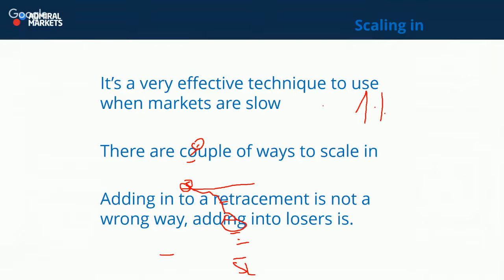So adding into retracement is not the wrong way. Adding into losers is. The difference is that if you add into retracement, you are scaling in. If you add into losers, it means you don't have a stop loss.